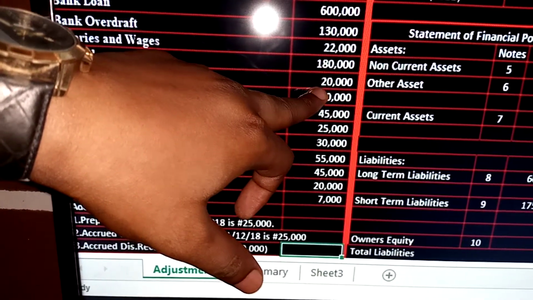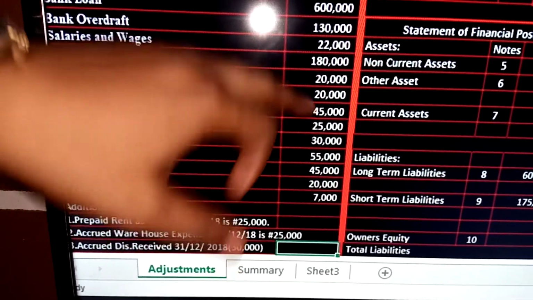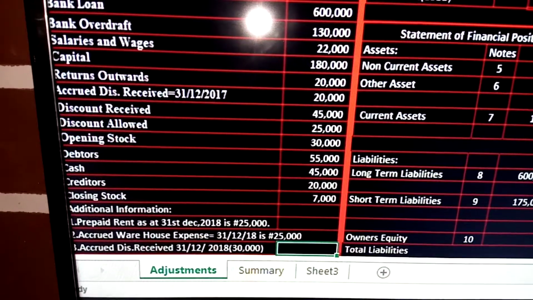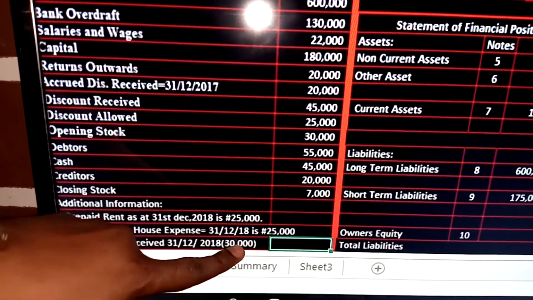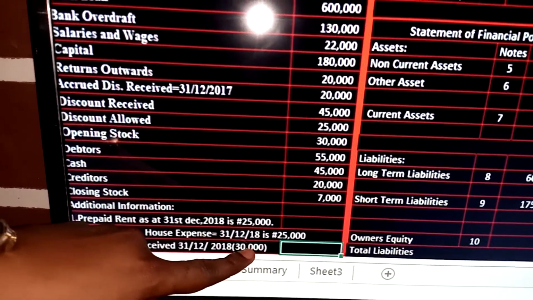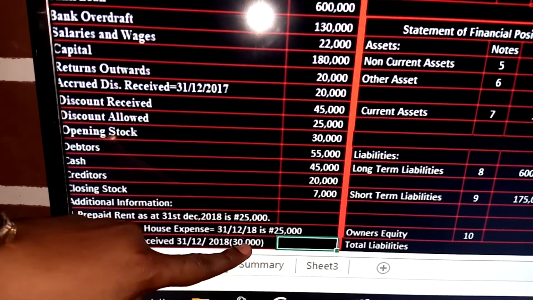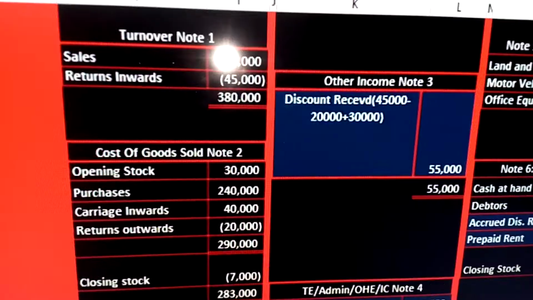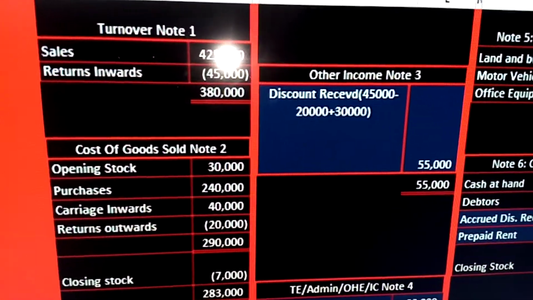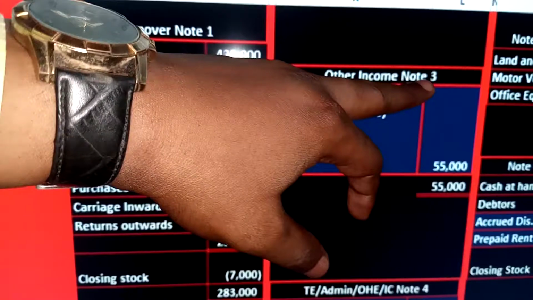Okay, so that gives us 25,000. Then we now have accrued discount received here at the end to be 30,000. That is to add. So 25,000 plus 30,000, that's 55,000. So that is what we are having here. Other income, note 3.